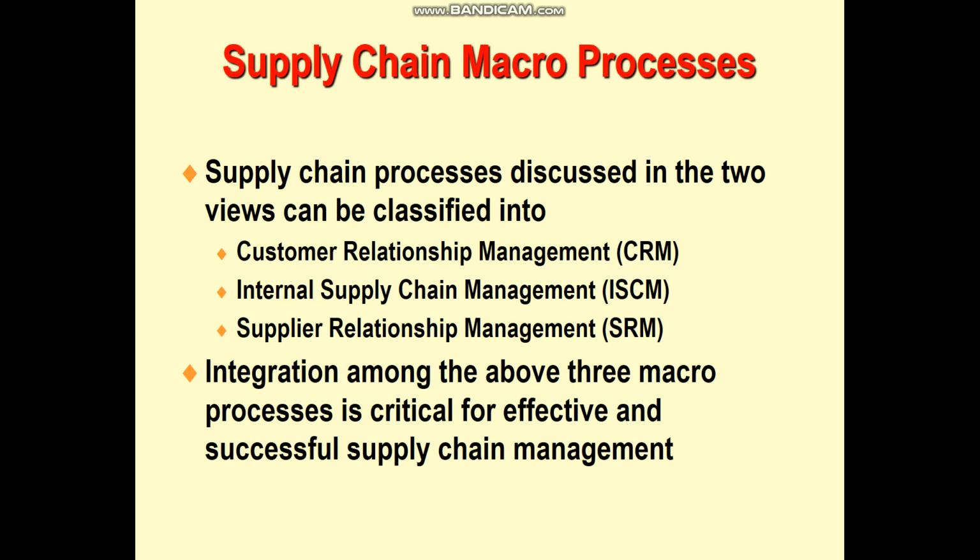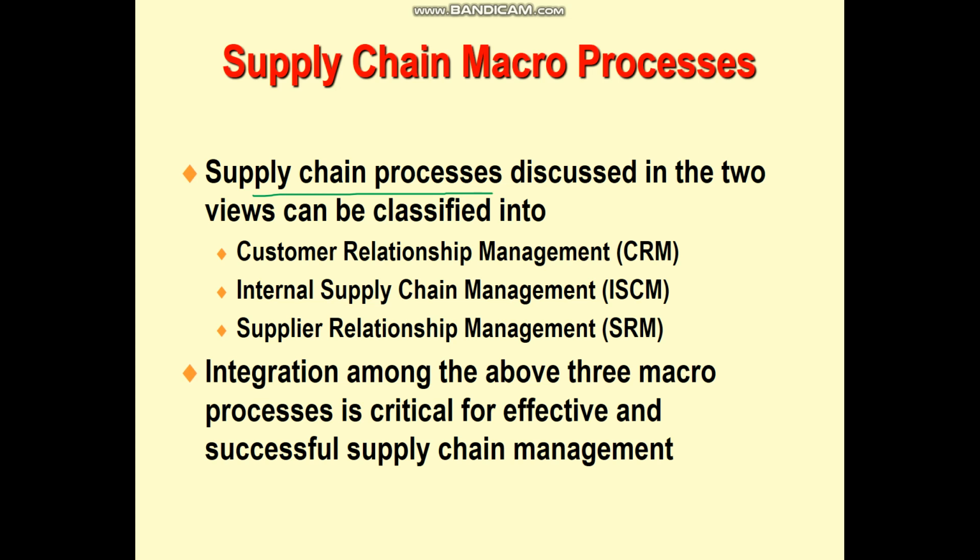Okay. And how if we view the supply chain in a macro process? The supply chain process we just discussed in two views earlier can be classified into three main parts. That is the relationship between the business and the supplier or provider, between business and customer, and internal business.